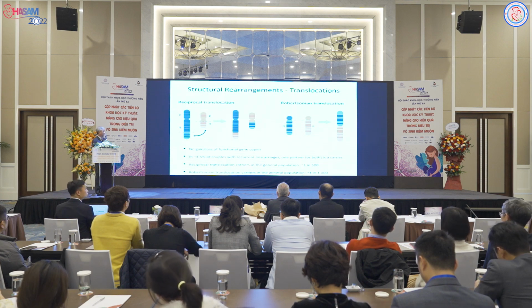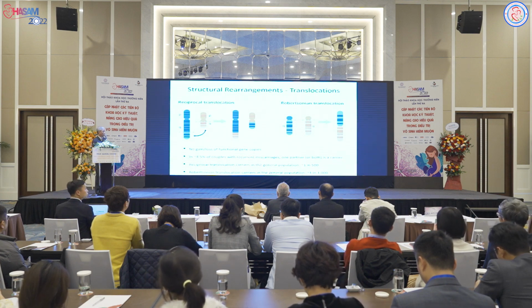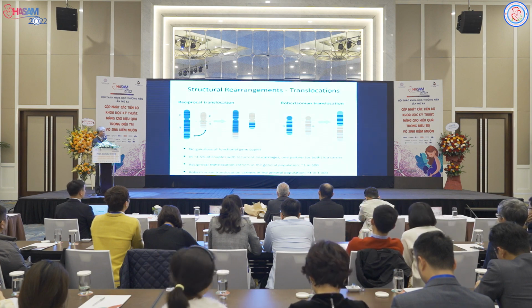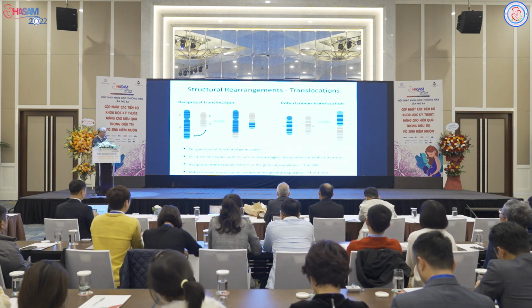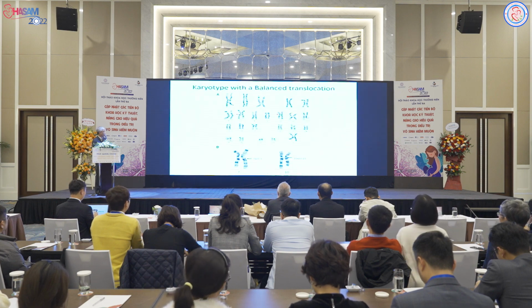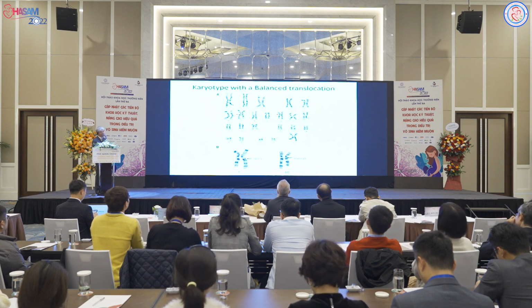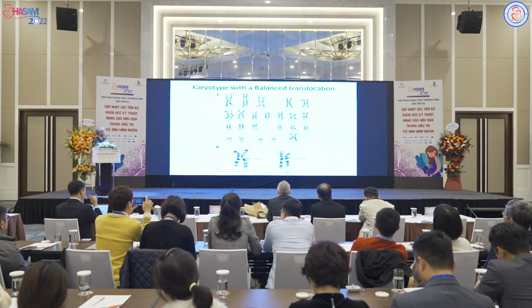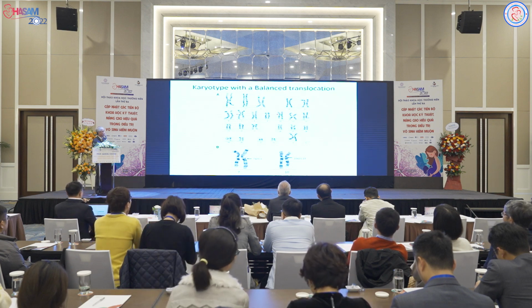And they are very common in the general population, 1 in 500 for reciprocal translocations and 1 in 1,000 for Robertsonian translocations. And so this is just an example to show you a balanced reciprocal translocation between chromosome 7 and 10.